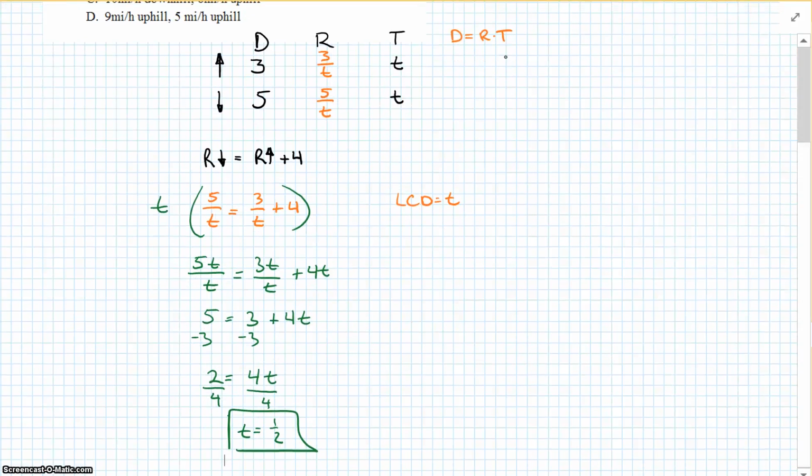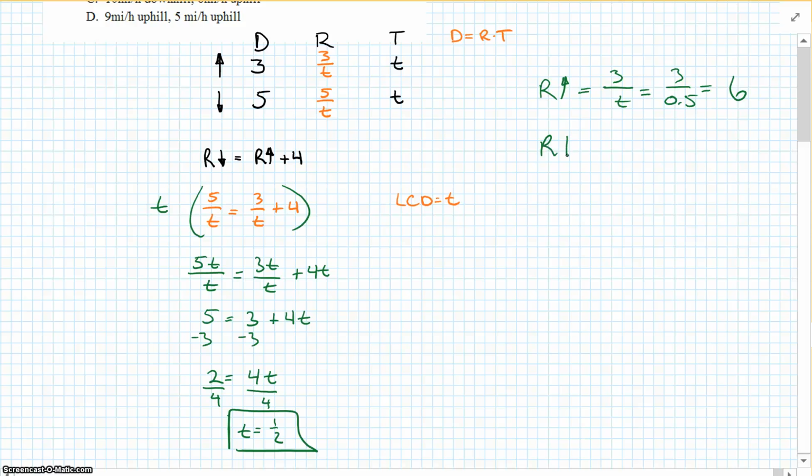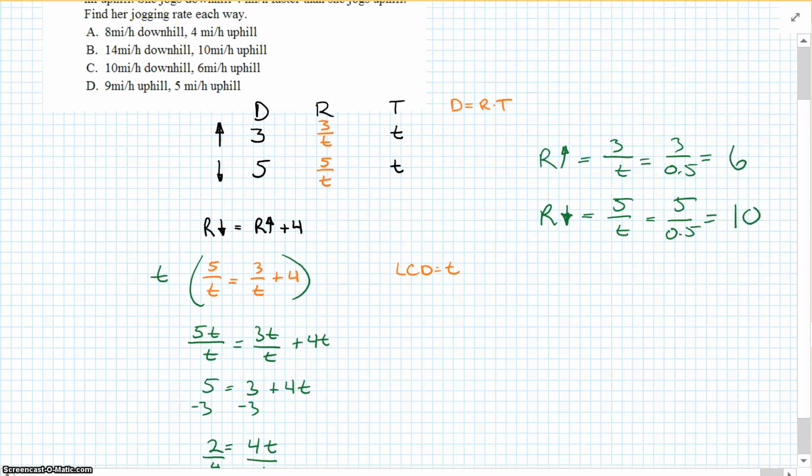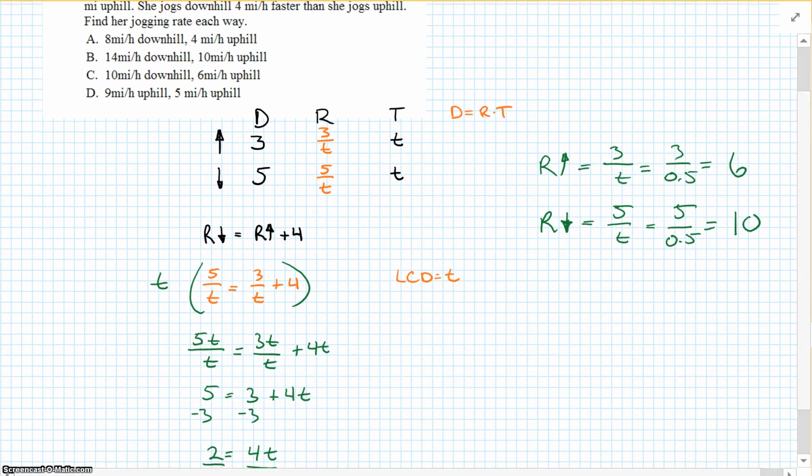Okay, so her rate uphill was 3 over t, which is 3 over 0.5, which would be 6. Her rate downhill would be 5 over t, or 5 over 0.5, or 10. So her rate uphill was 6, and her rate downhill was 10. So the answer is C.